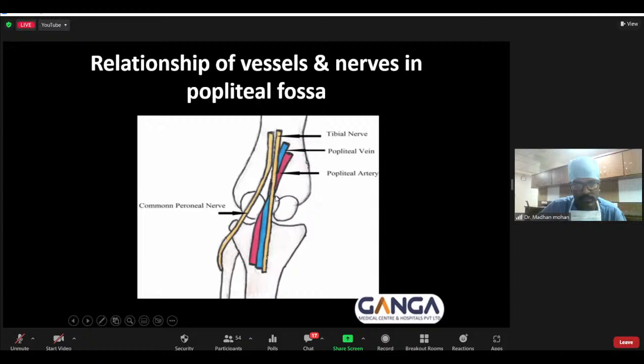In the middle part of the fossa, from behind forward, it is nerve, vein, and the artery. Again, in the lower part of the fossa, from medial to lateral, it is nerve, vein, and the artery. So actually, the artery is crossing from the medial to the lateral. This is very important to know, and you can observe it in sonoanatomy also.